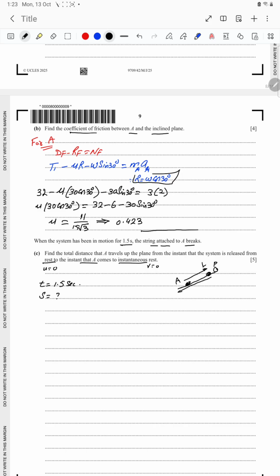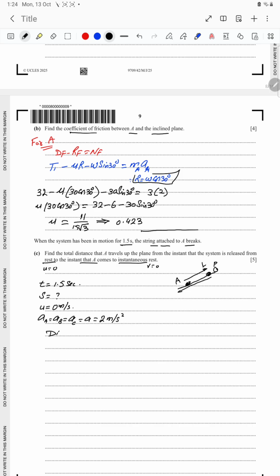It was already mentioned in the question that it will not reach the pulley. It starts from rest, so u is 0 meters per second. I'm just writing the information which helps. And the acceleration, we already know that for A and B it is 2 meters per second squared, as given.